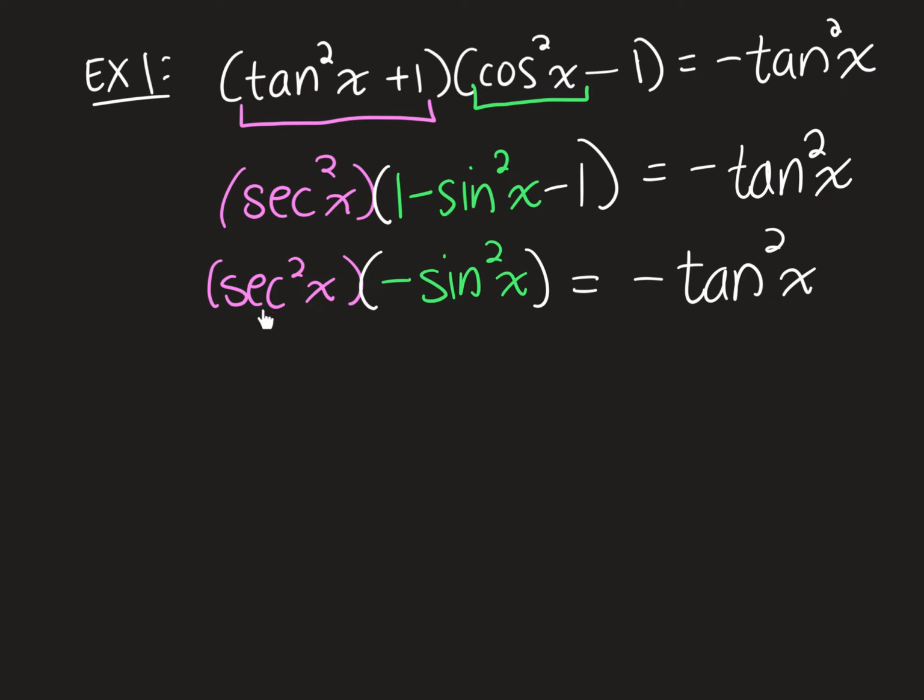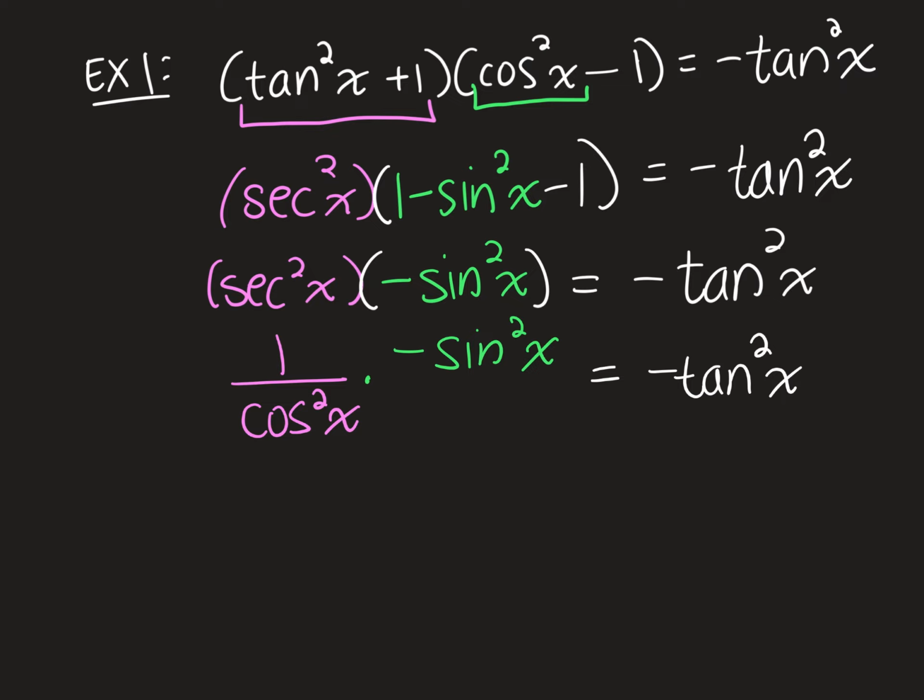First, I got rid of the parentheses. Since I'm multiplying and there aren't multiple terms that I'm multiplying, I don't need to worry about distributing or anything like that, so I can get rid of the parentheses. Second thing is, you guys should know by now, if I see one fraction, I'm going to make everything a fraction. So I'm going to make that be negative sine squared over 1.